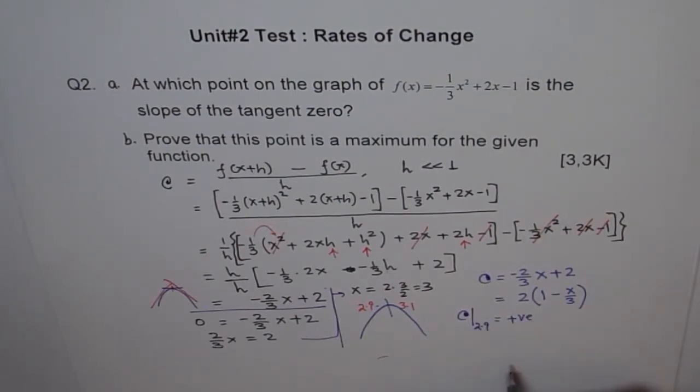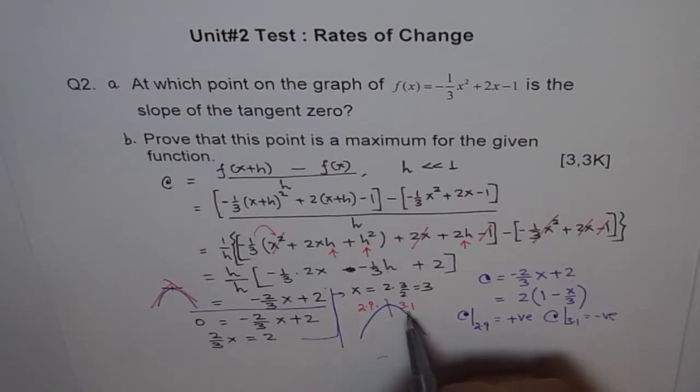Is it okay? And how about the rate of change at 3.1? You can always calculate it, but if I put 3.1, then 3.1 divided by 3 will be more than 1, and 1 minus more than 1 will give me a negative value. So I'll get a negative slope, right? So this slope here becomes negative, correct?